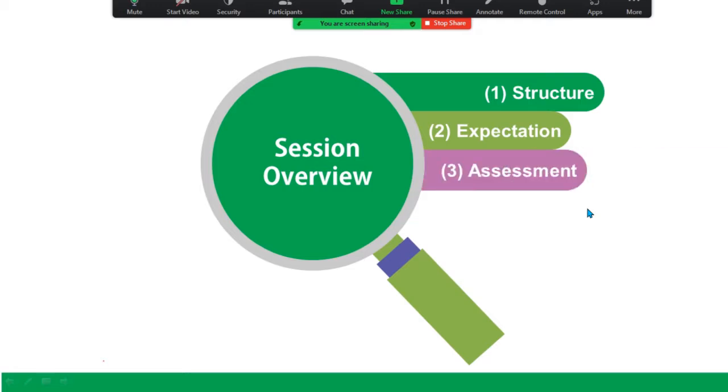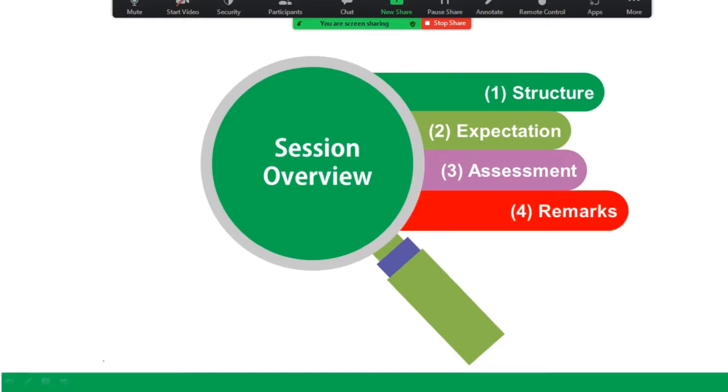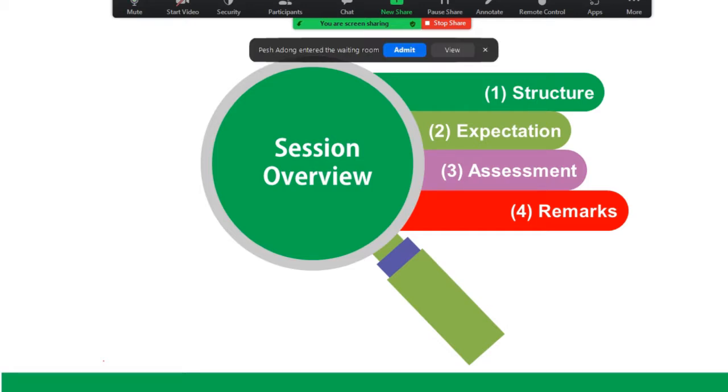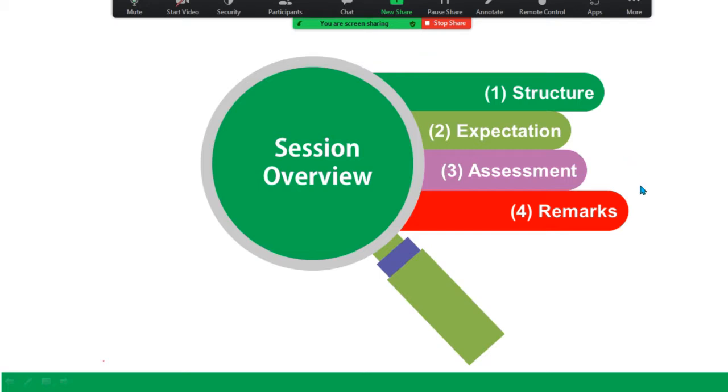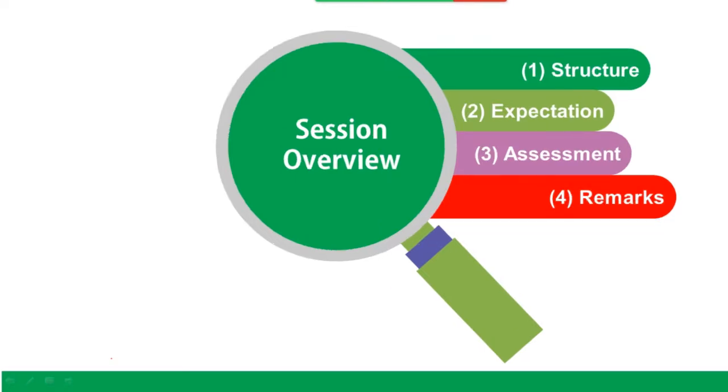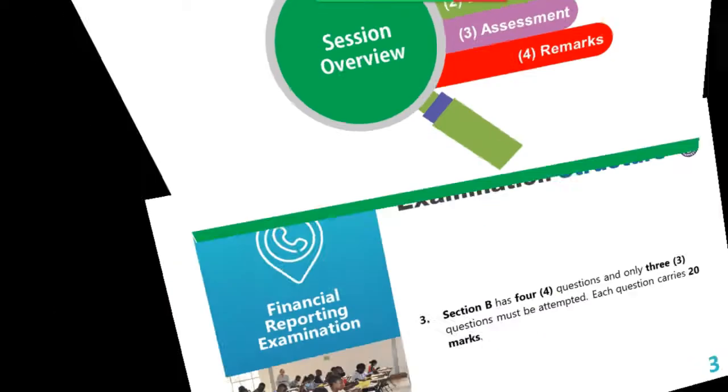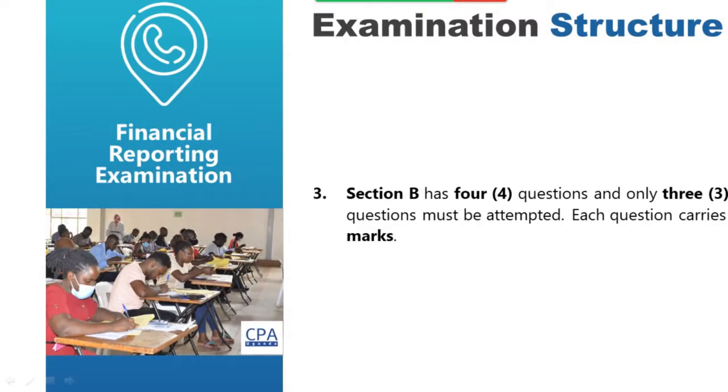We are going to look at the level of assessment, how we are going to be assessed in this exam, and then the examiner's remarks, what the examiner has been, of course, noting down following the marking of the exam and what people have submitted. So we shall, of course, start with the examination structure.